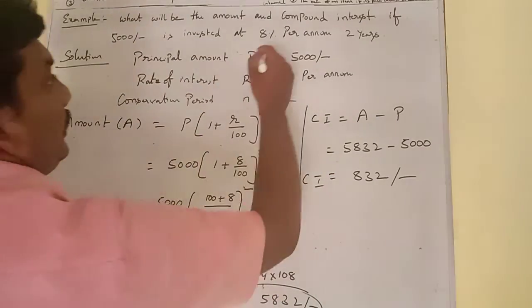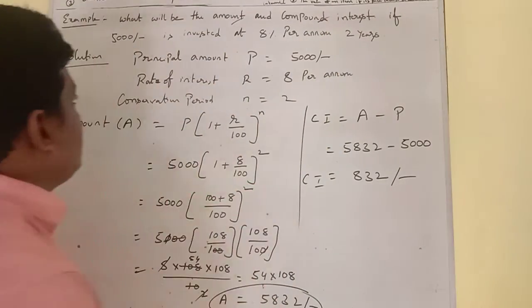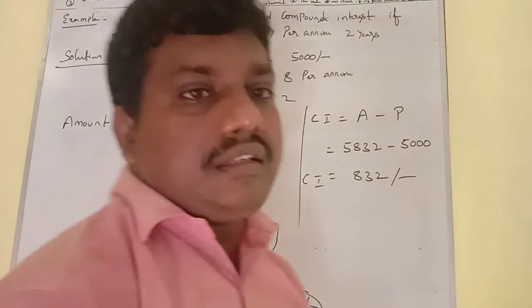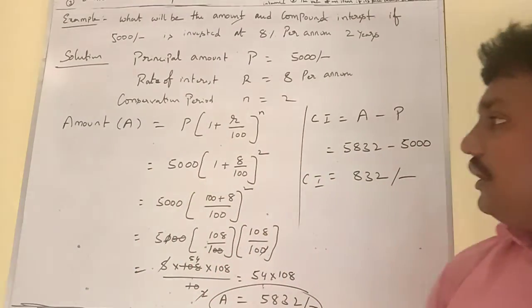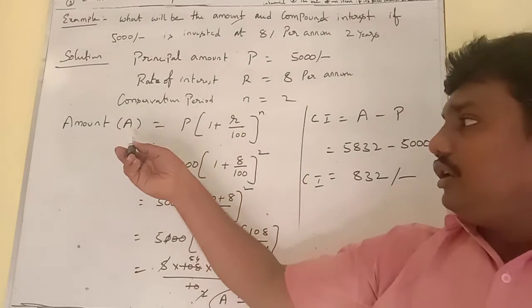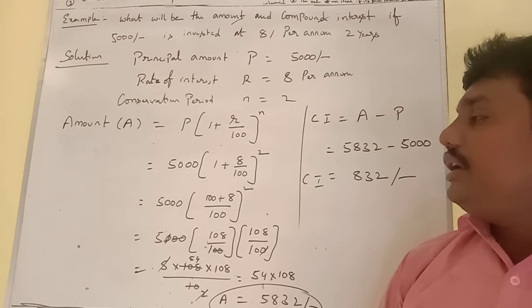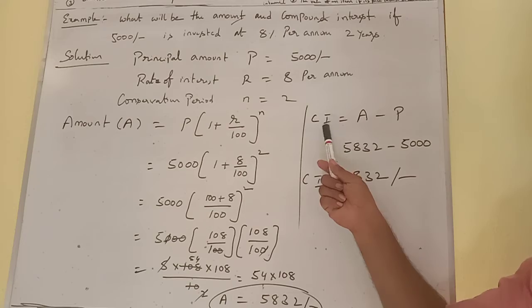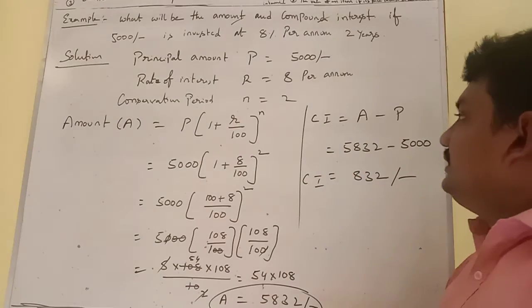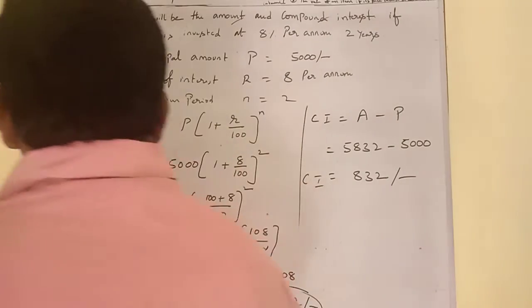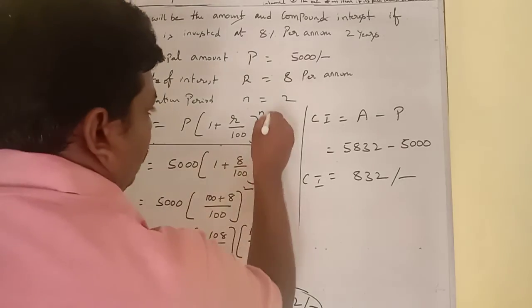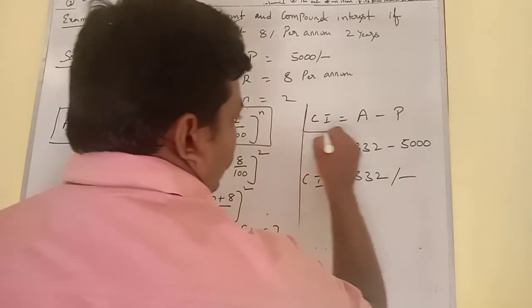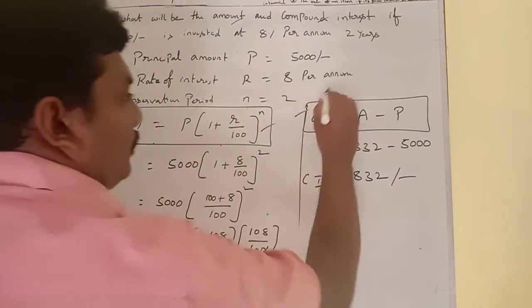Now we have calculated the amount and compound interest if 5000 is invested at a rate of 8% per annum. The amount formula is A equals P into 1 plus R by 100 whole to the power of n, and the compound interest formula is A minus P. These two formulas we have to remember.